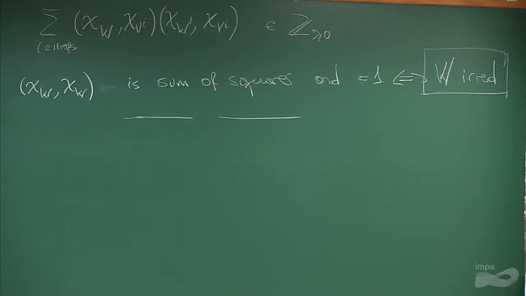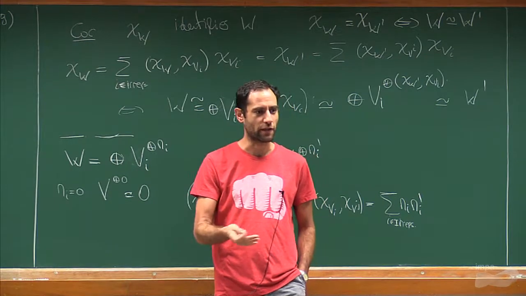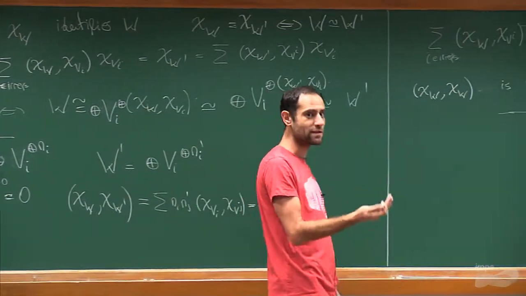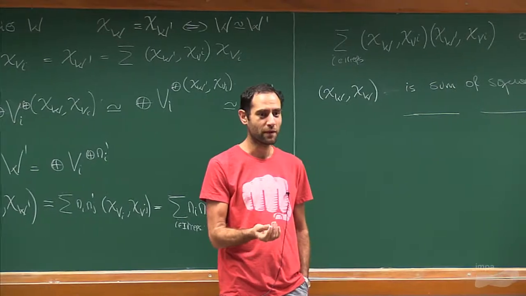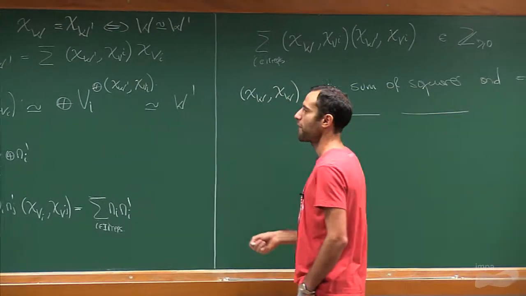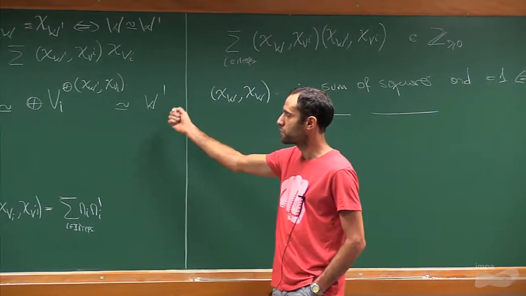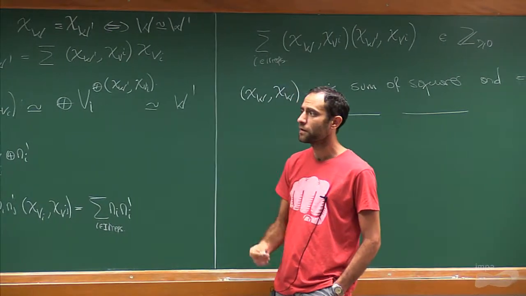For example, the fact that representations are unitary was the fact that we just took any inner product, then we took the orbit of that inner product, and that gave us an invariant inner product, which meant our representation was unitary. The fact that these characters of irreducible representations are orthonormal, again, was the same thing.